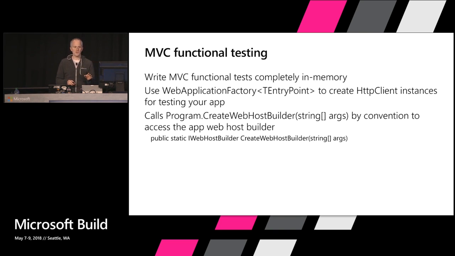One convention that you do need to conform to use this feature is your program class, your entry point class, needs to have a helper method on it by convention called CreateWebHostBuilder. That's what the web application factory will use to get its hands on the web host builder for your application. So make sure you have that. All of our project templates have it, so if you want to add it to an existing application, you can just look at an existing template and add that to your application.